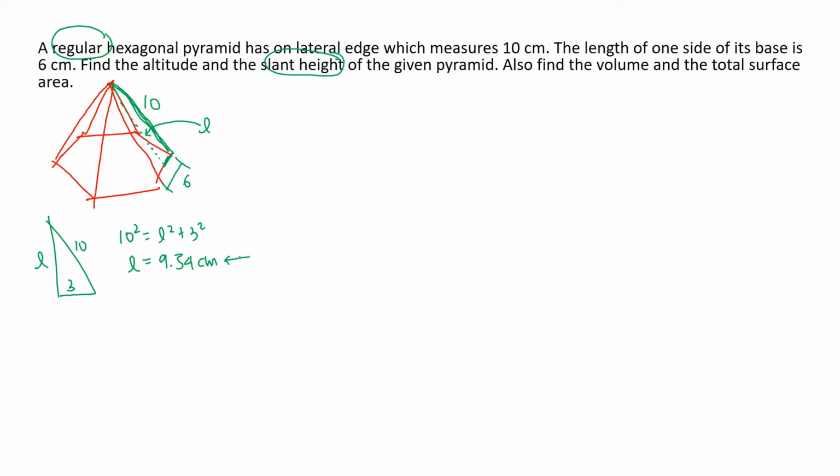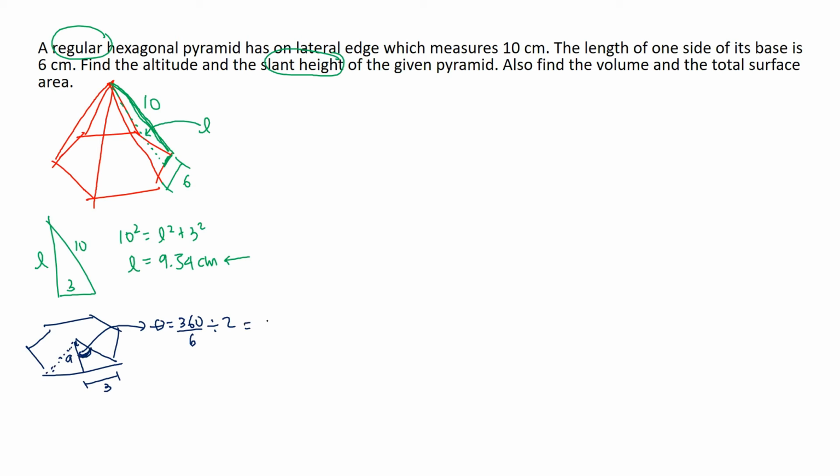What else can we get? The height. Let's draw the base. I draw the apothem, and we know one half of the base side is 3. The central angle is just 360 divided by the number of sides. Hexagonal, so 6, divided by 2 for the half angle.